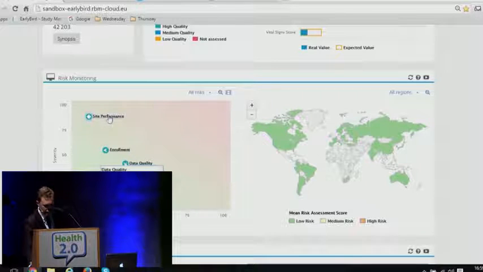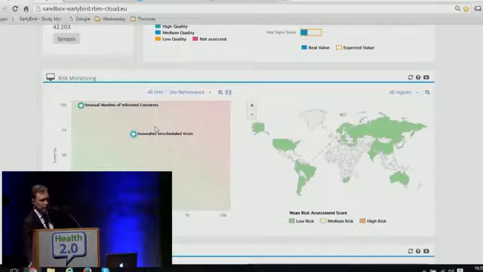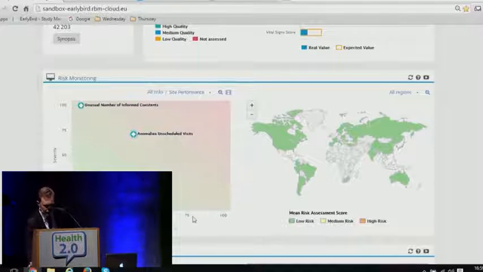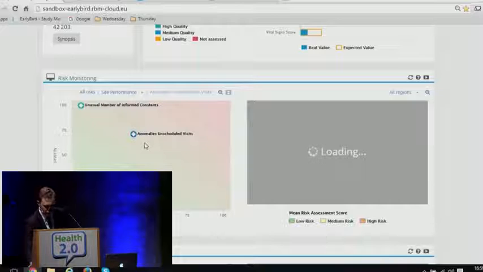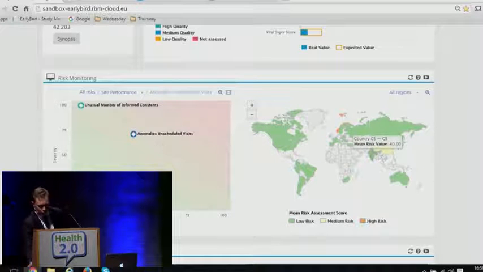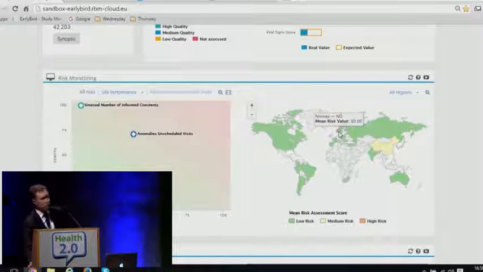Let's take a look at the site performance. There are various risk indicators connected with the site performance, which are pre-selected before. One of the risk indicators is anomalies in unscheduled visits. Let's check what is happening here. We can see that there are some problems with Norway, and there are some issues in China.